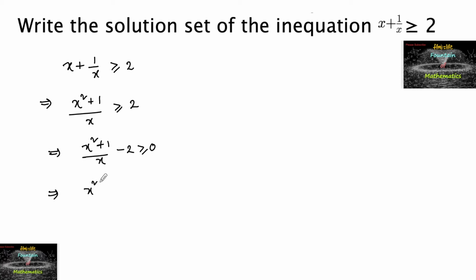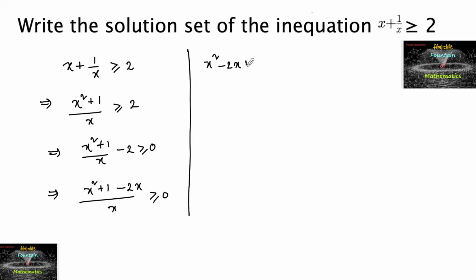So x square plus 1 minus 2x upon x is greater than or equal to 0. So we can write x square minus 2x plus 1 upon x is greater than or equal to 0, that is x minus 1 whole square upon x is greater than or equal to 0.